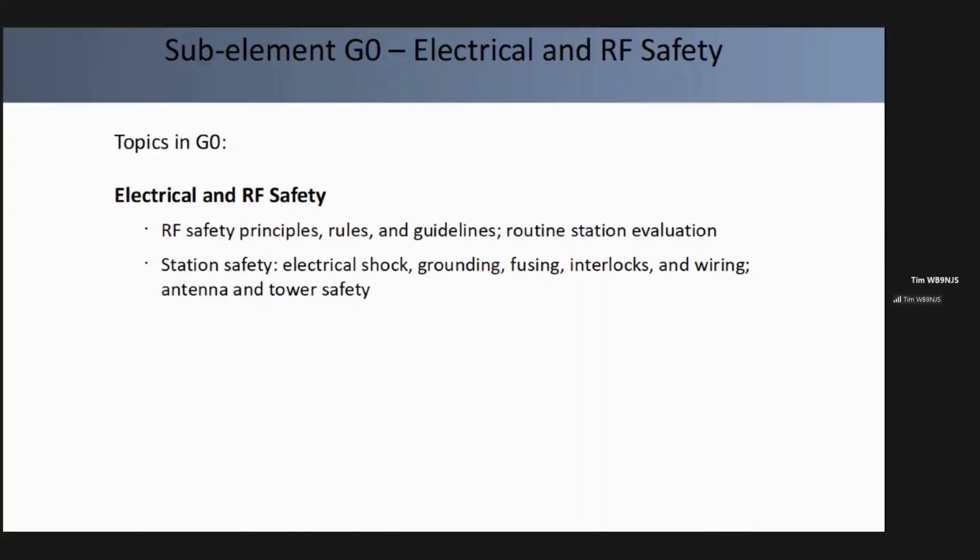The first one's kind of focused on RF exposure, the other part on just general electrical safety. And there will be one question from each of the 2 categories on the exam. You'll find chapter 9 of the ARRL General Class License Manual covers this material pretty thoroughly, actually.